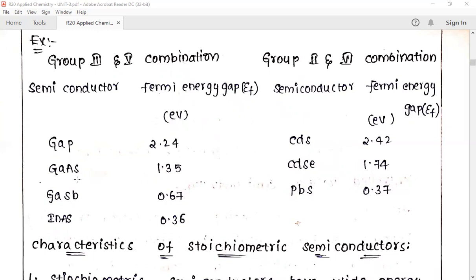That means the two overlap and give rise to a hybrid band containing 4n electrons per n atoms of gallium and arsenic, with a Fermi gap of about 1.34 electron volts.